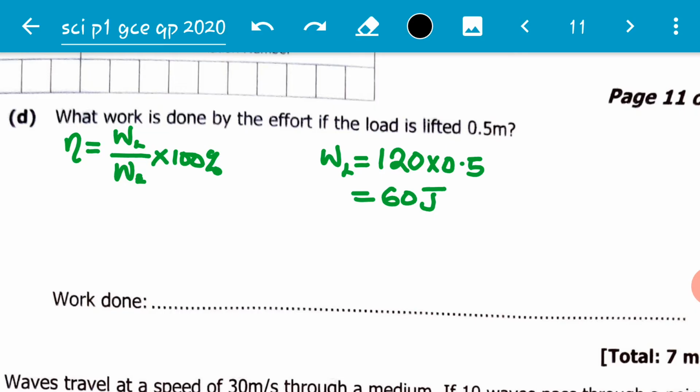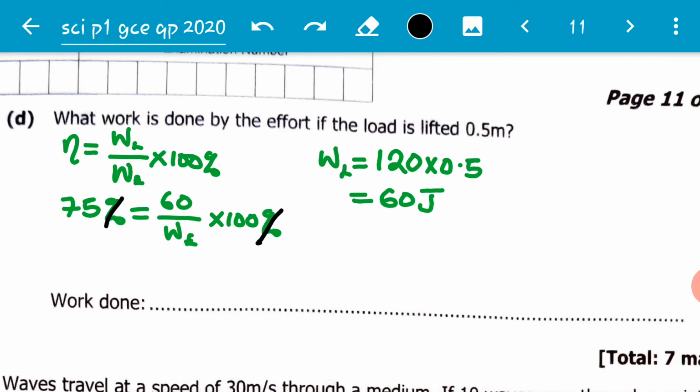So we have 60 joules of work done by the load. Now we substitute that, bearing in mind that the efficiency is 70%. So 70% is equal to 60 divided by work done by effort times 100%. The percentages cancel out on both sides. We remain with 60 times 100 divided by work done by effort, and on the other side we have 70.